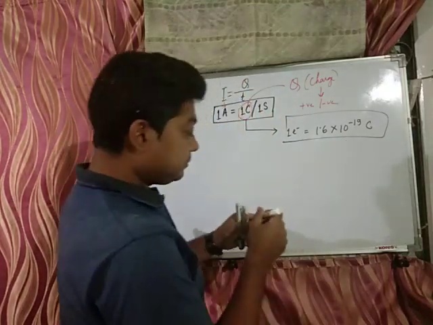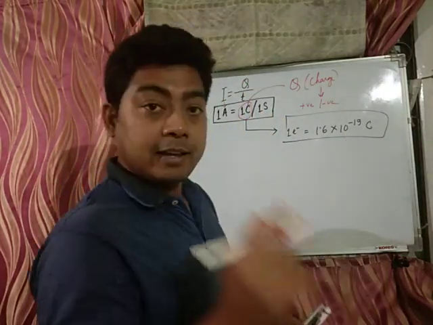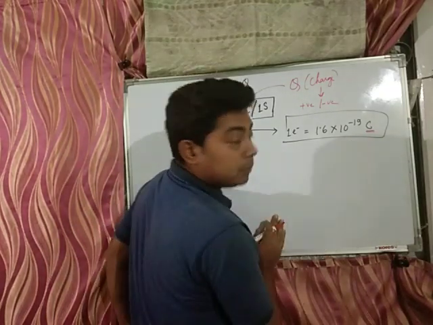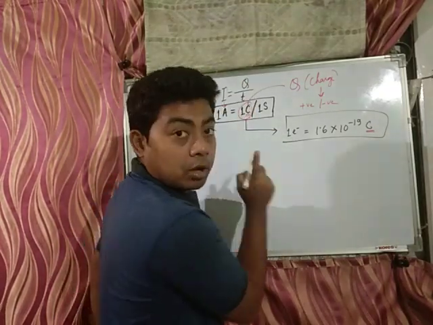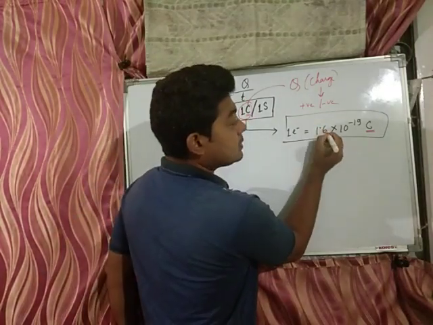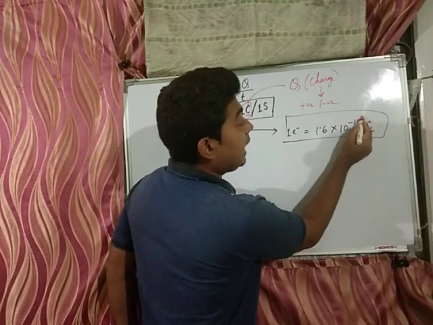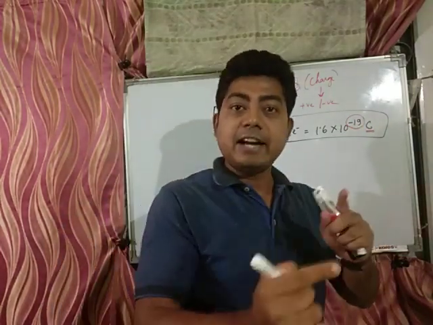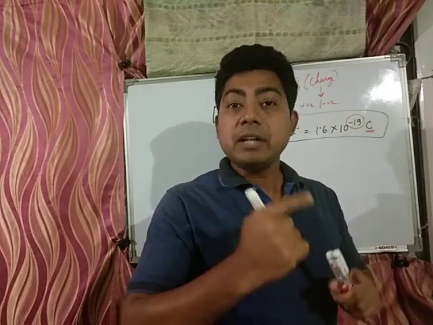So the unit here is coulomb. Here also coulomb, but here 1 coulomb. Here I am writing 1.6 into 10 to the power minus 19, that means 1.6 divided by 10 to the power 19.